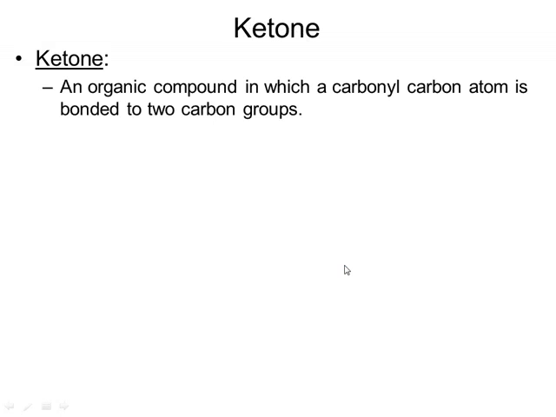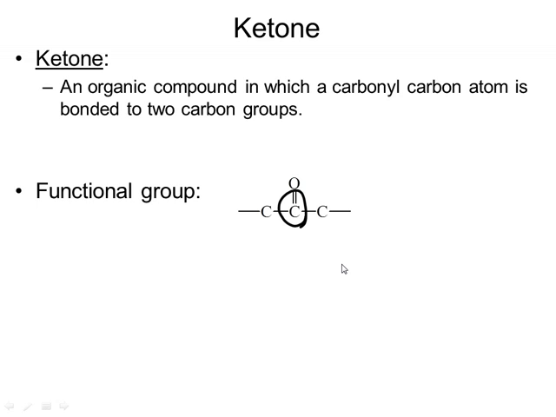A ketone is specifically an organic compound with the carbonyl group, but the carbonyl carbon is bonded to two other carbon atoms. So there's no hydrogens attached to the carbonyl carbon at all. It's attached to only two other carbons.